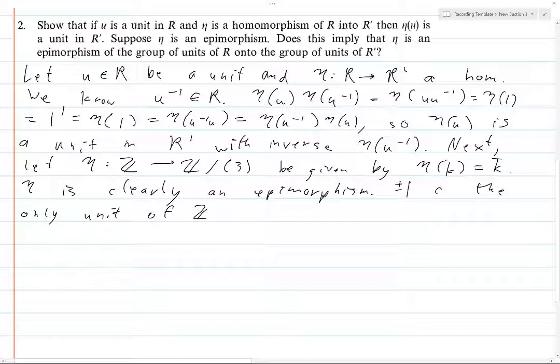Plus and minus 1 are the only units of Z. And what is eta of 1? Eta of 1 is just 1. And so what is eta of minus 1? It won't be 0 bar. It'll have to be 2 bar.